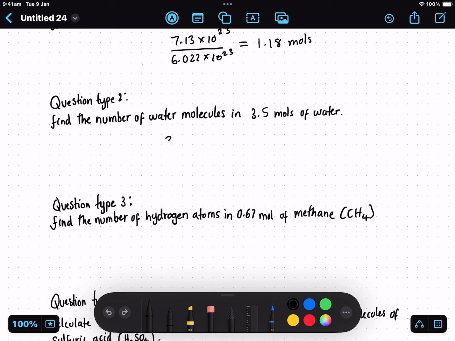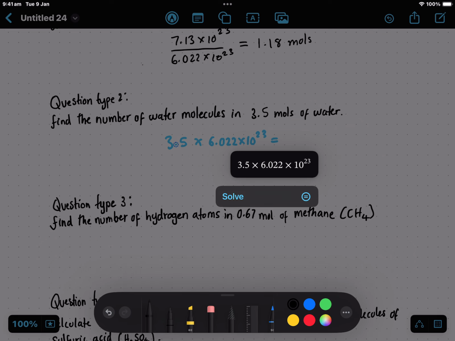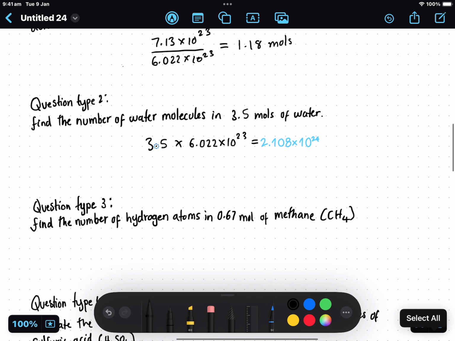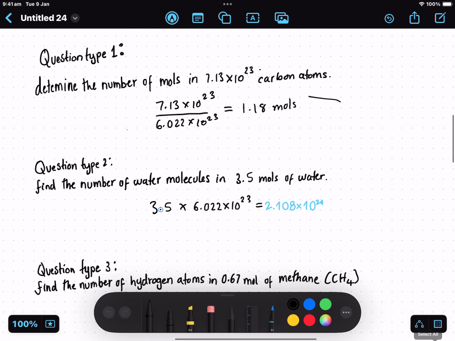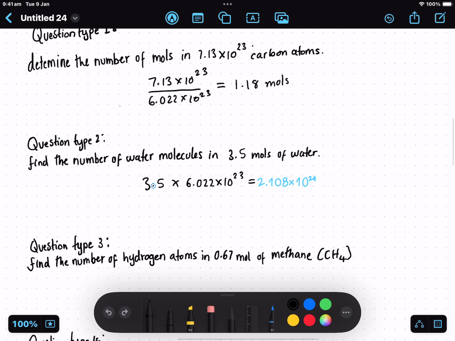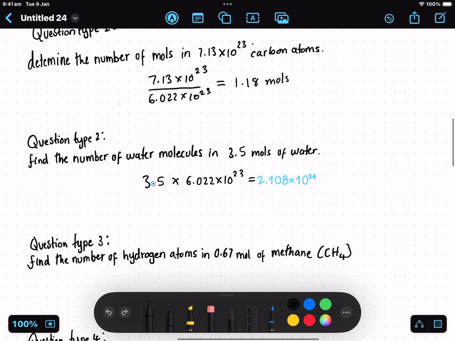So we'll go 3.5 multiplied by Avogadro's number, 6.022 times 10 to the power 23. So it should give us 2.108 times 10 to the power 24. And you can solve these by putting them in a scientific calculator. And don't forget the units, which is molecules of water.